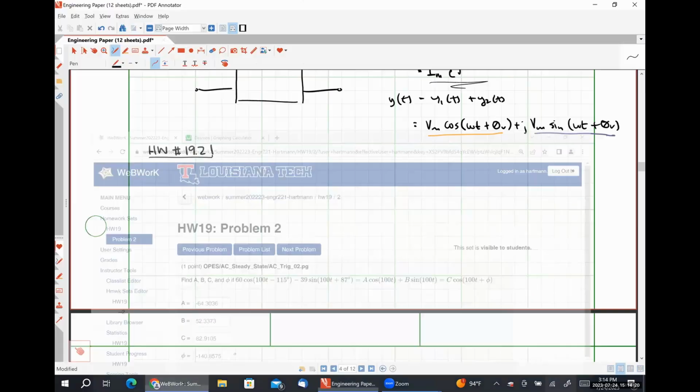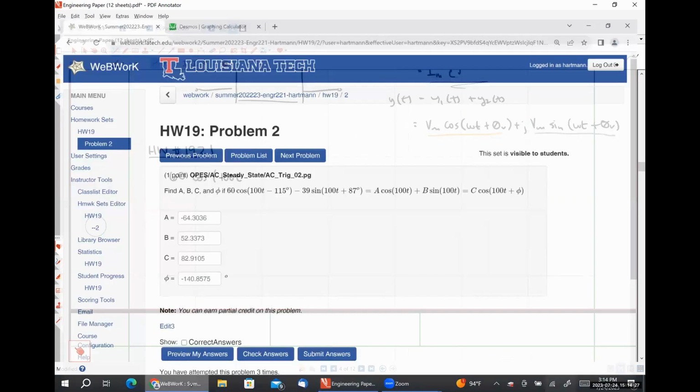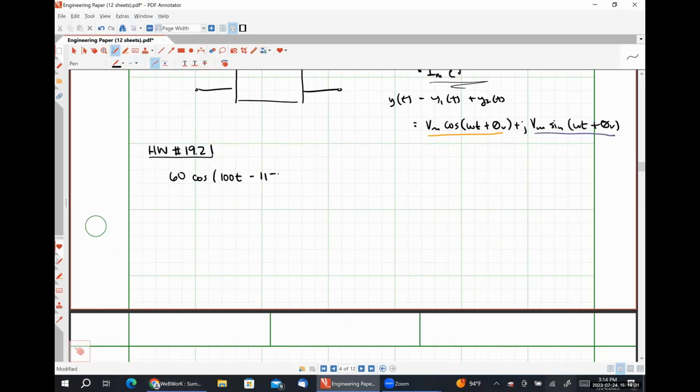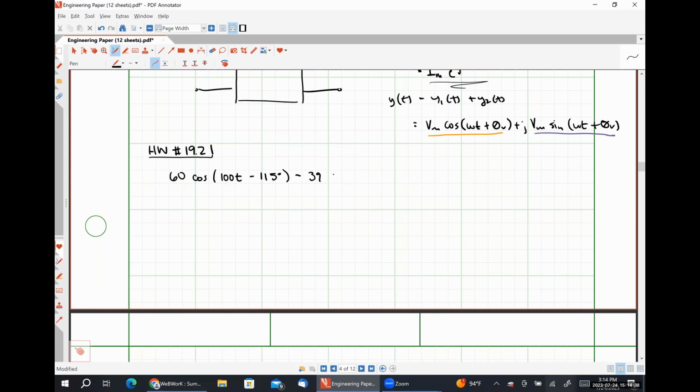So 60 cosine 100t minus 115 degrees minus 39 sine 100t plus 87 degrees, and we want this to be equal to A cosine 100t plus B sine 100t, or C cosine 100t plus phi.